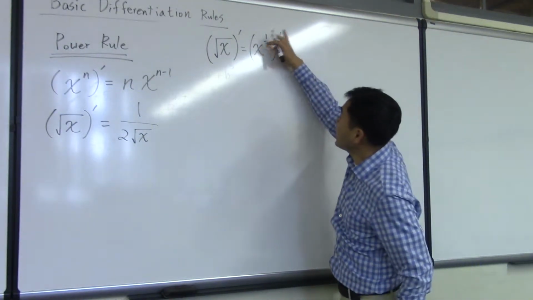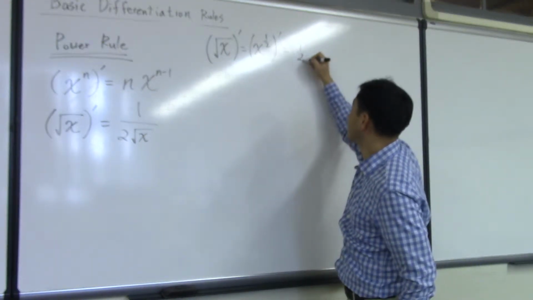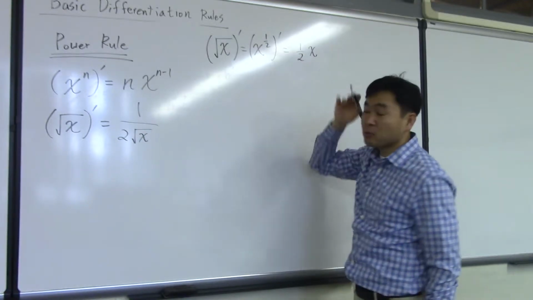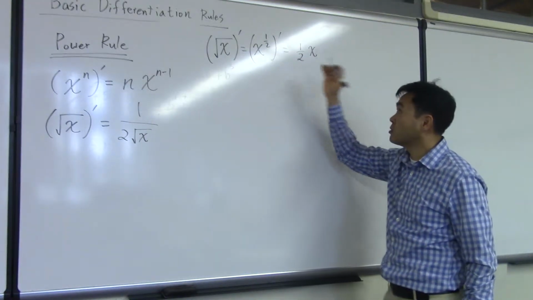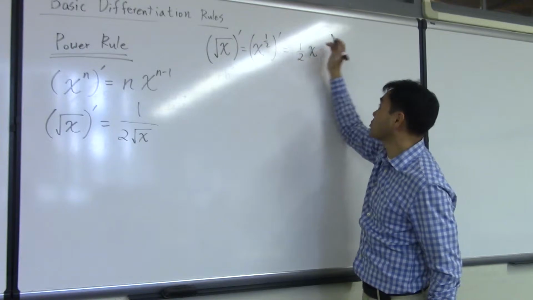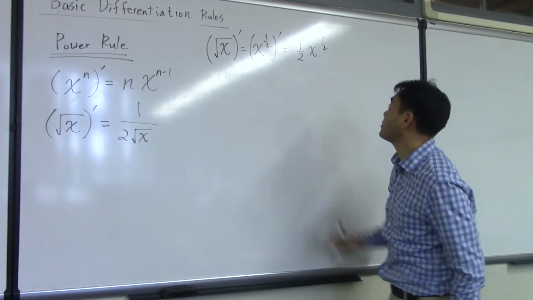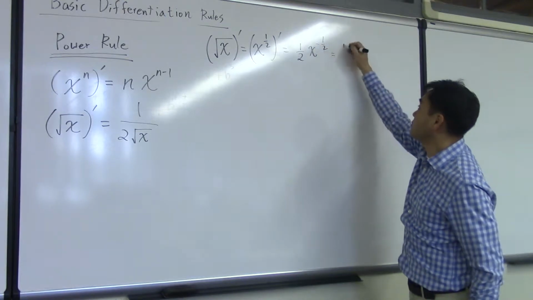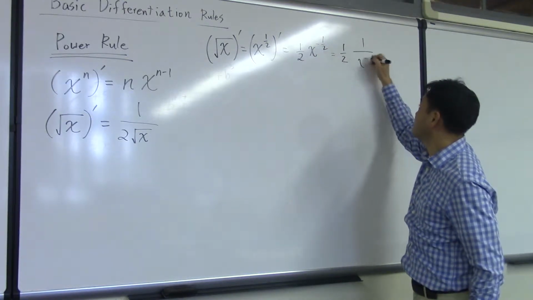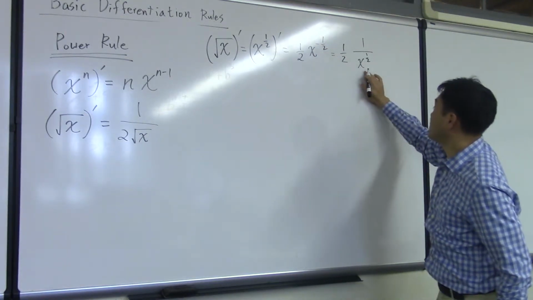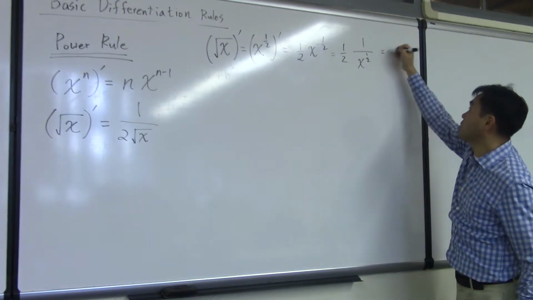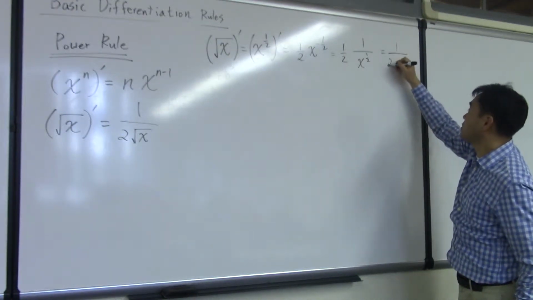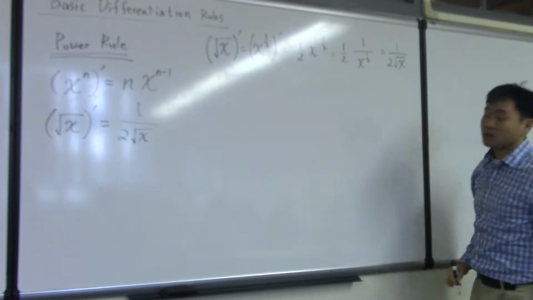So this 1/2 should hop in front. And what's 1/2 minus 1? 1/2 minus 1 gives you negative 1/2. And negative exponent means 1 over, and 1/2 power means square root. So you end up with this.